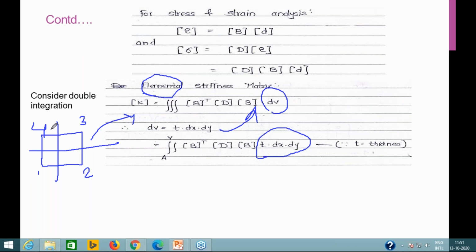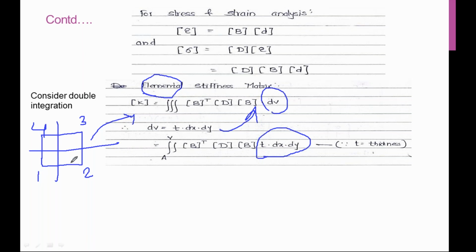Now tell me, suppose I'm considering one element only here. This one is one rectangular element. Then tell me the size of the stiffness matrix for the first element. How are you going to calculate the size of the stiffness matrix?